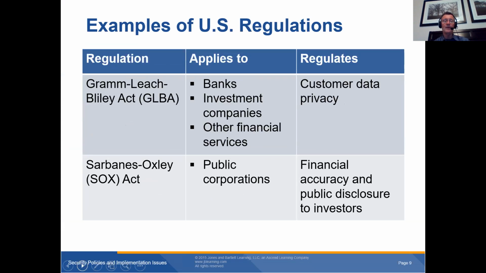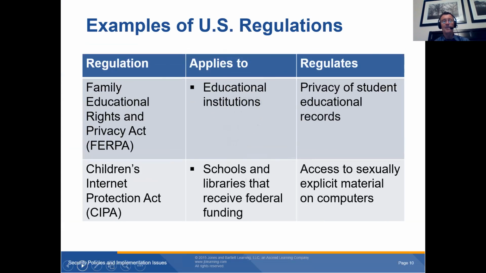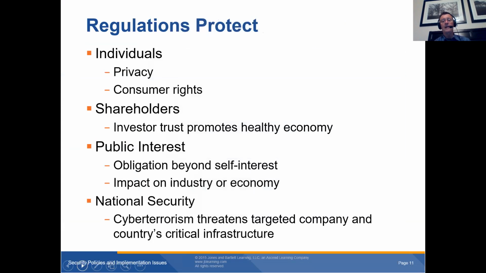We have the Gramm-Leach-Bliley Act, which is for banks and consumer protection, consumer data. If you're in school, you're protected by FERPA, the Family Educational Rights and Privacy Act. We have the Children's Internet Protection Act, which says we can't collect information from kids under 13. And then we've got other things like PCI compliance for credit card data.